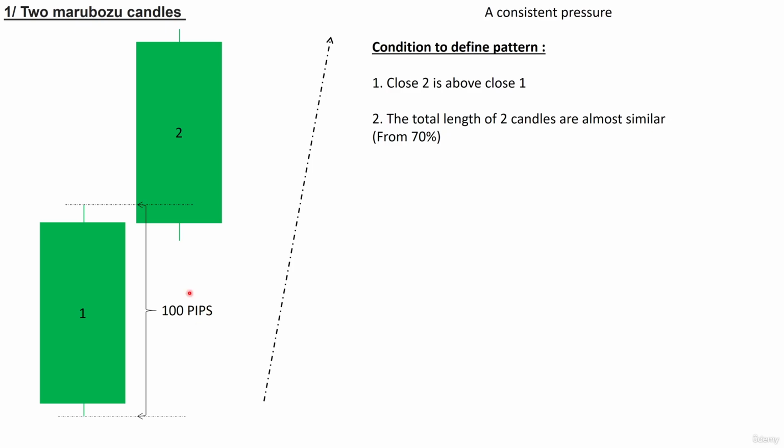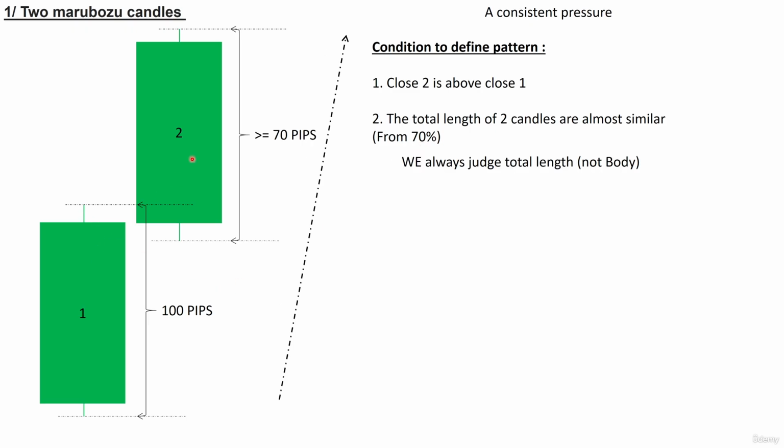The distance from the lowest to the highest is the total length, and that is 100 pips. For the second candle, under our standards, it must be at least 70% of the first candle. Therefore, the second candle's total length must be at least 70 pips. That is okay, right? We always judge total length when we compare candle to candle.